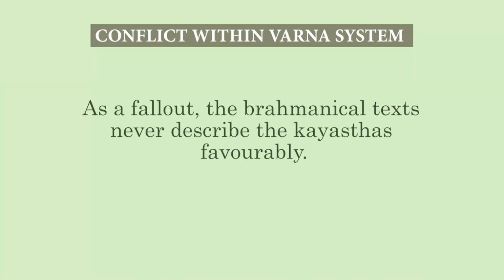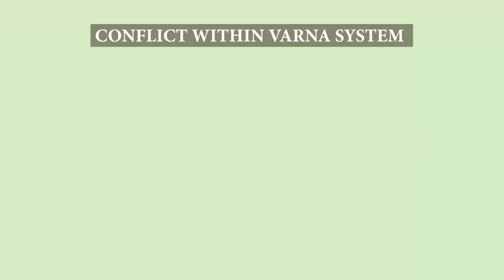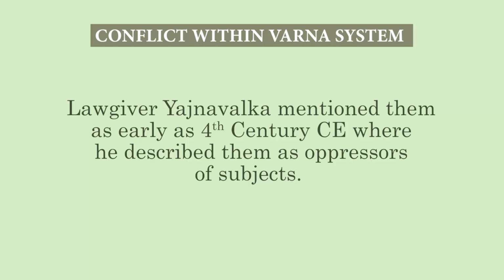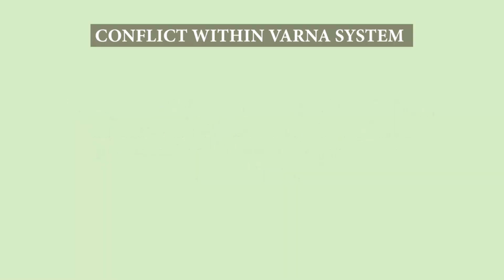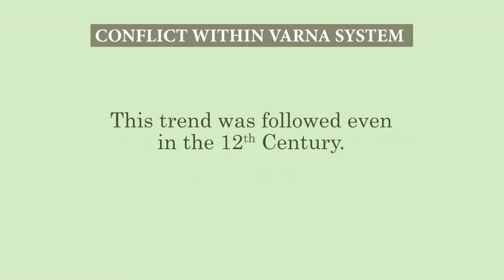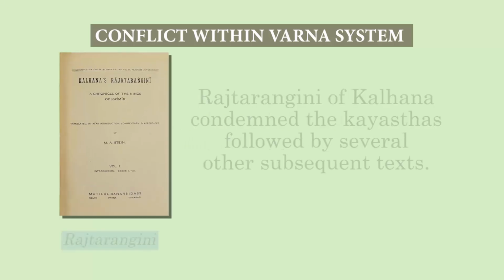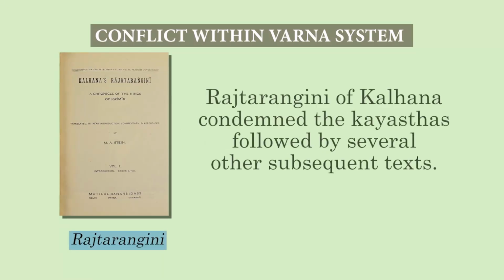As a result, in all the Brahminical texts, the castes are viewed in a very negative light. For example, lawgiver Yajnavalkya mentioned them as early as the 4th century, where he described them as oppressors of the subjects. This trend was followed even in the 12th century. Raj Tarangini of Kalhana condemned the castes, followed by several other subsequent texts.